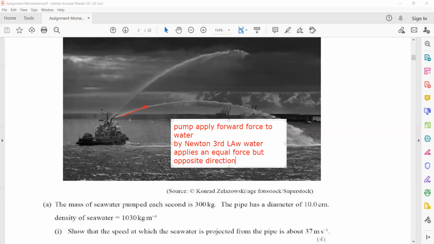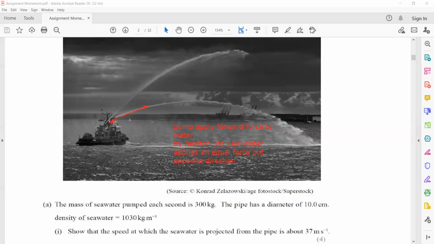So the force by the water on the pump will be backwards. Is it clear? So using Newton's third law, we can work out the direction in which the force is applied on the pump by the water.